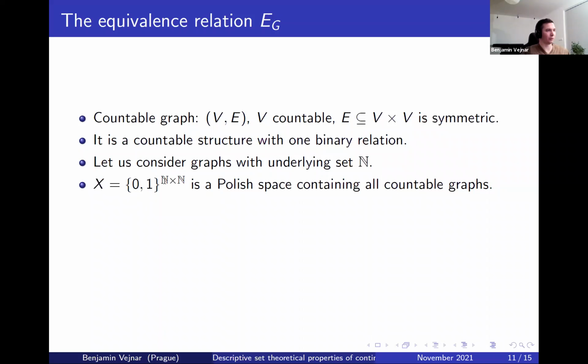Because if you have 0 on some position (n, m), it will just mean that there is no edge from n to m.